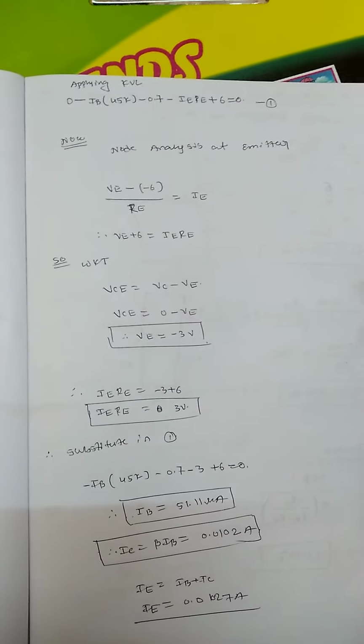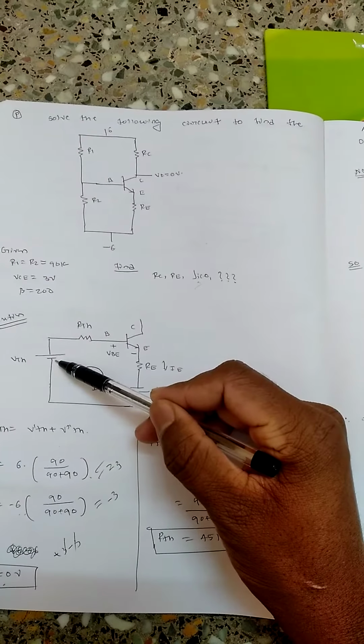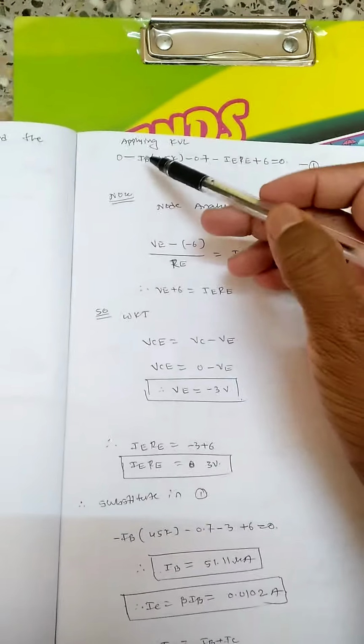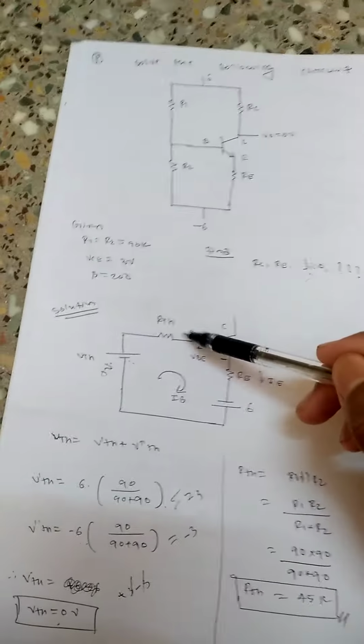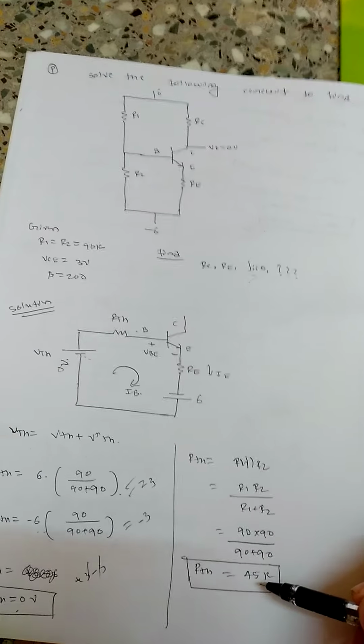Now apply the KVL to the base loop. When I apply the KVL to the base loop, starting from 0 volt here, this I have got as 0. So 0 minus IB into 45k. This is the base current which will be flowing, and the RTH I have got is 45k.